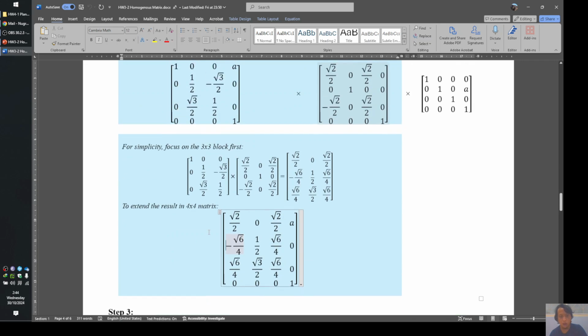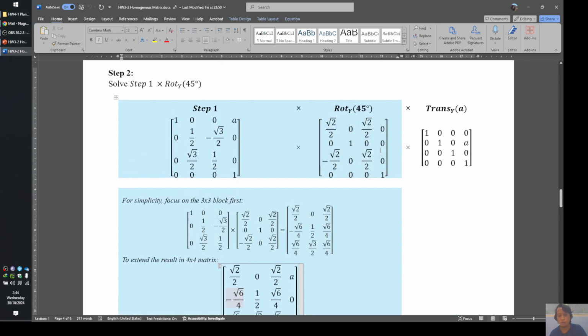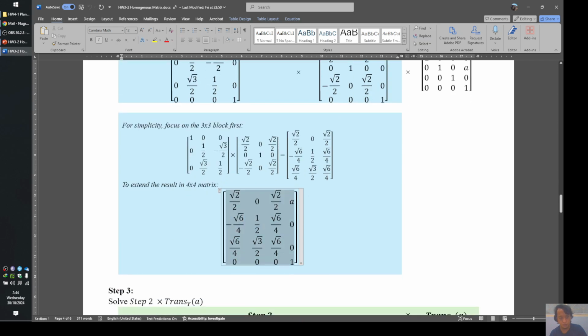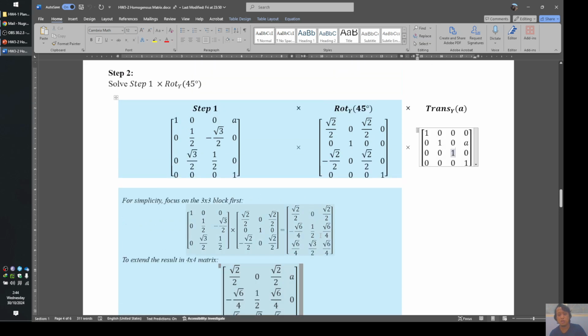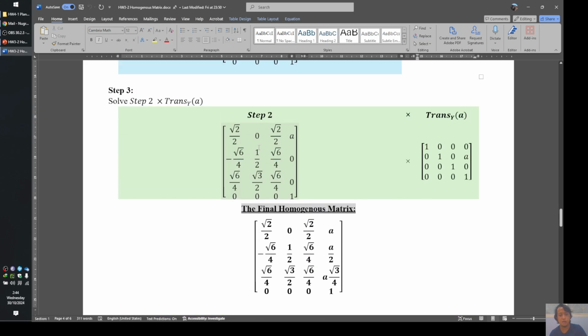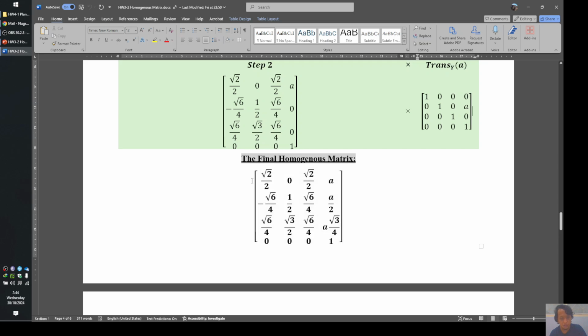Okay, and then for step 3, we need to multiply the result of this by this. This is step 3: the result from step 2 times the translation along the y-axis by a. This is step 3, and the result is this one.